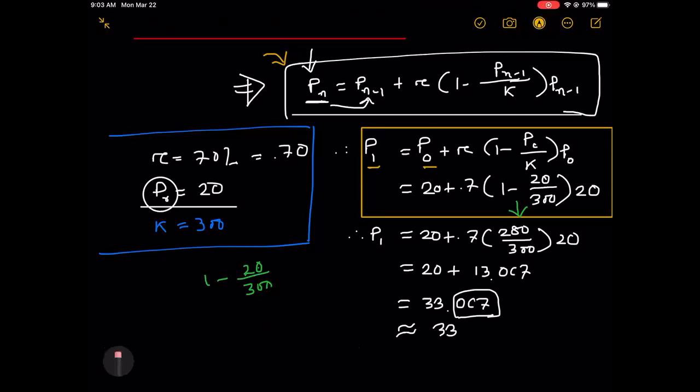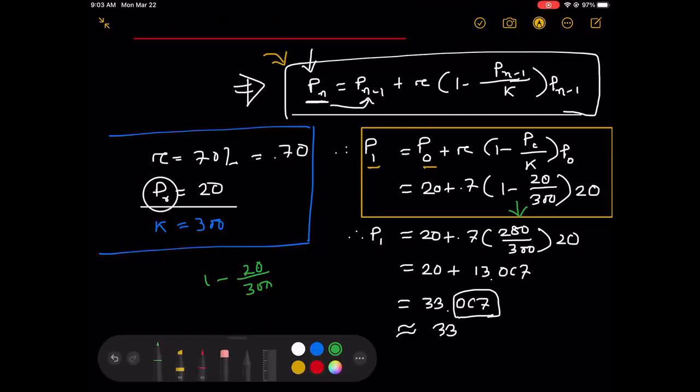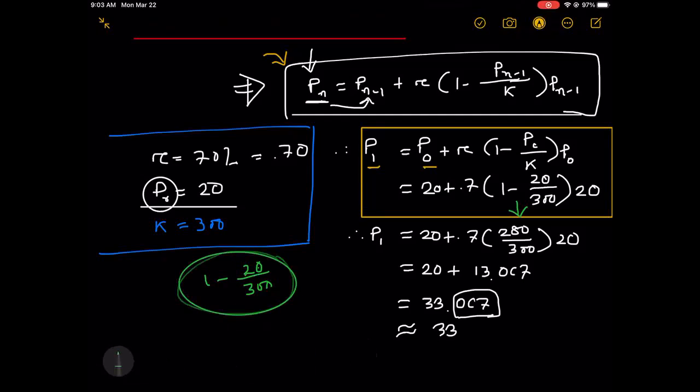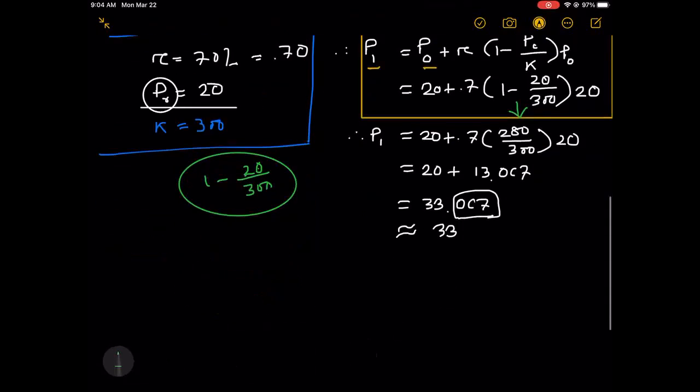You don't need to do that, because for that I need to show you how to subtract fractions. It's all about subtracting fractions, as you can see. How should we go from 1 minus 20 over 300? Just use your calculator. First of all, divide 20 by 300.